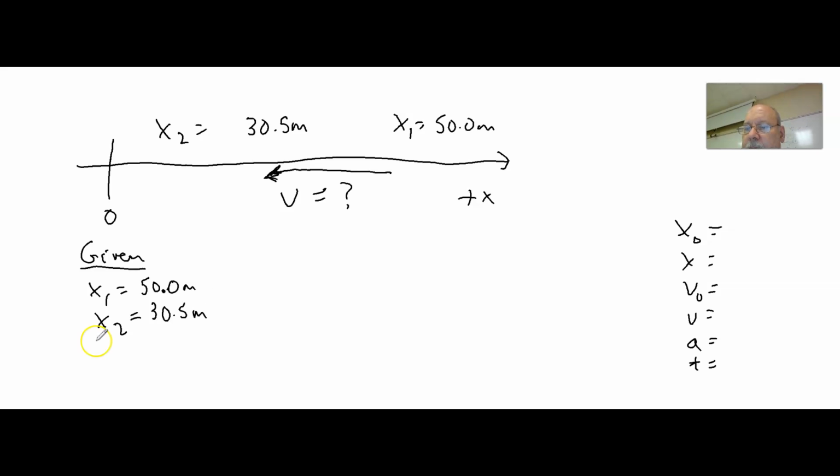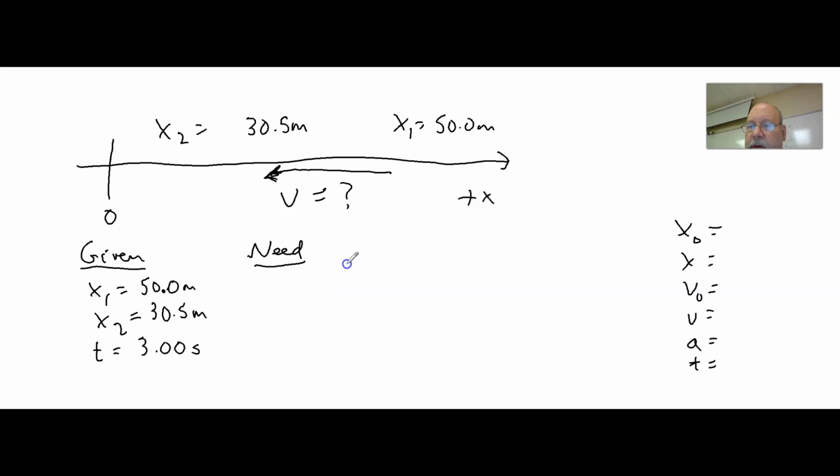I haven't been given any information about velocity or acceleration, so we won't write those down, although we could put question marks if we wanted to. And I have been given information about time. I've been told that it's 3.00 seconds.